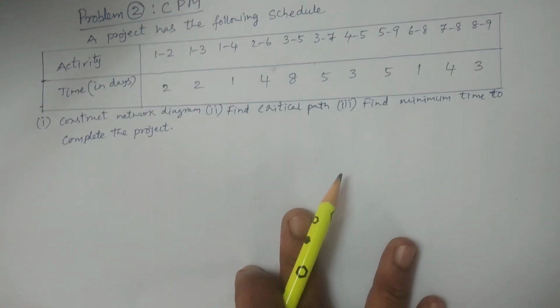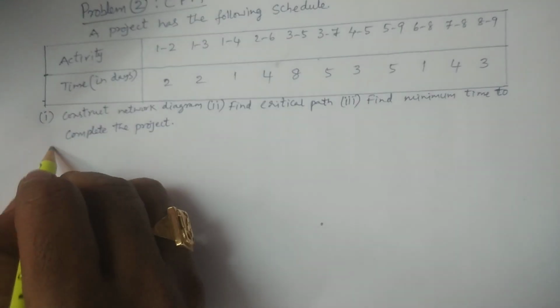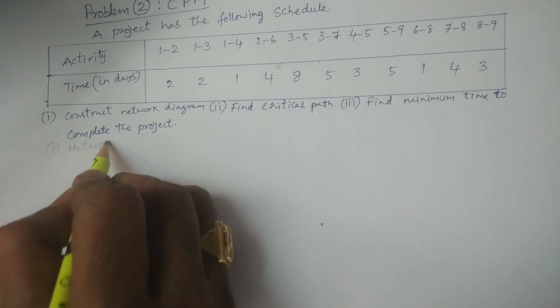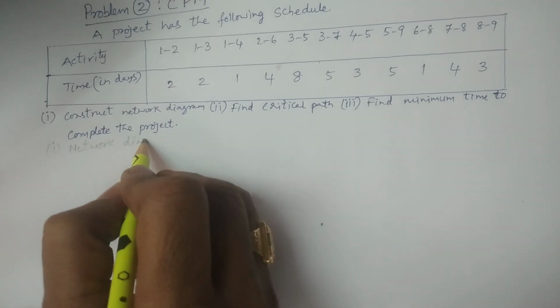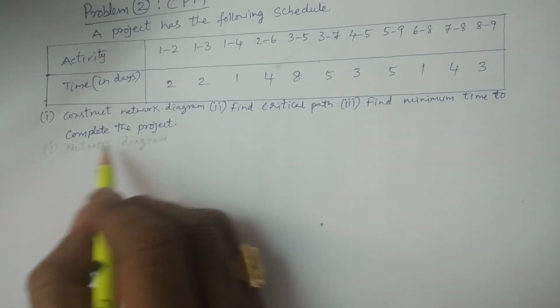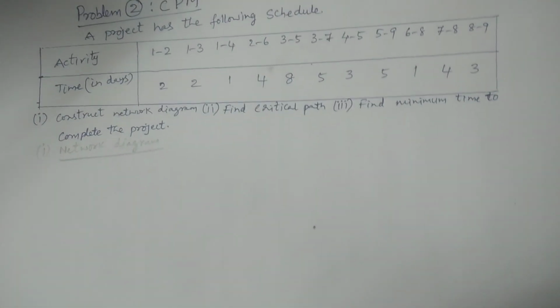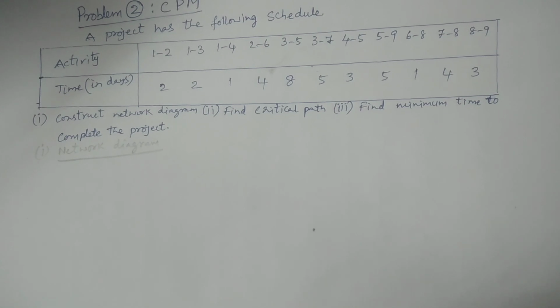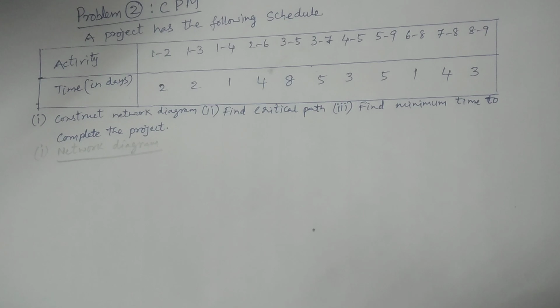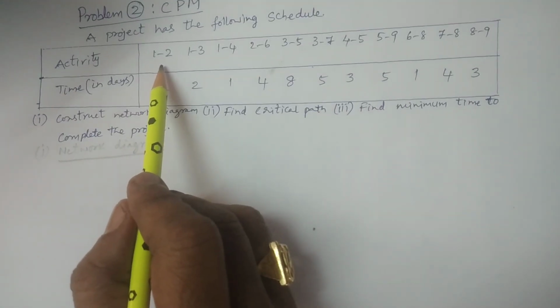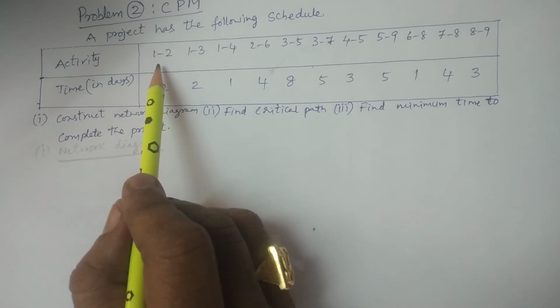The first one, network diagram. The first question, I'm constructing the network diagram. Already I have explained that in the network diagram you have to consider one after another activity. The activity is going to be constructed with the help of two events, tail event and head event.